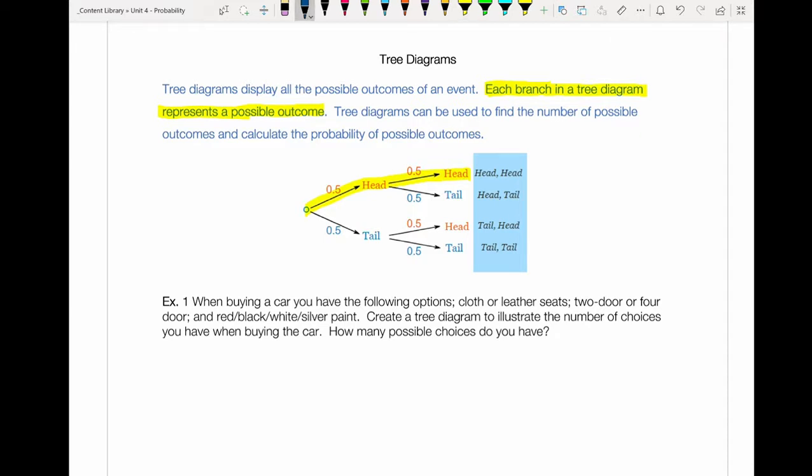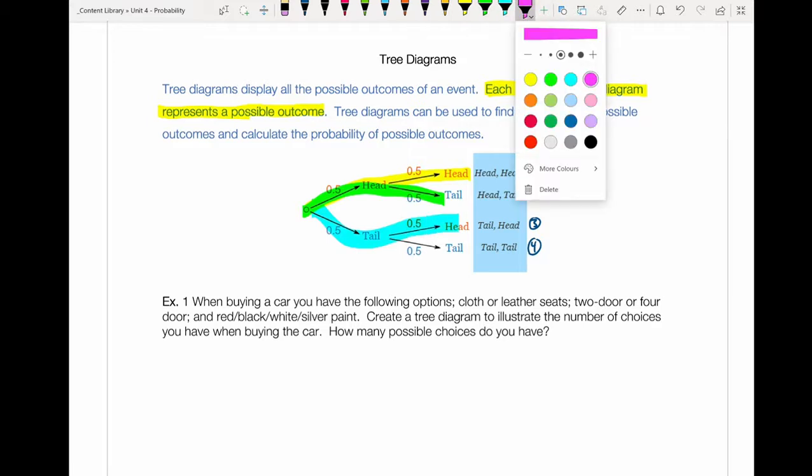So I'd have 1, 2, 3, 4 different outcomes in total. You could also count just the last row: 1, 2, 3, 4. We have 4 outcomes. You could also go through and count the different pathways if you wanted to.